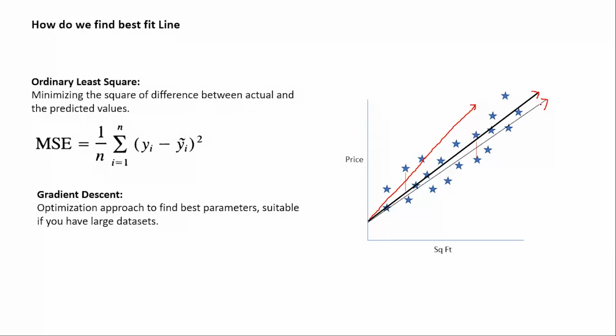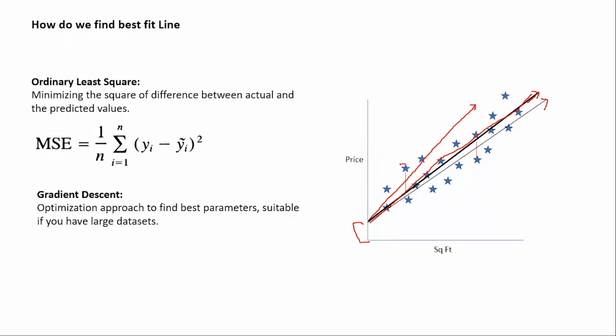In order to find out the best fit line, I need to find out the parameters for that line, right? If I know the slope of this line and the intercept of this line, I will be able to plot my best fit line. If I know the intercept and the slope of the best fit line, I can easily plot this line, right? So now how do I find the best fit line?